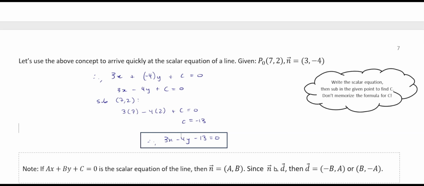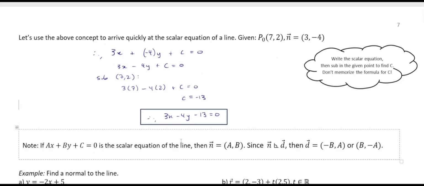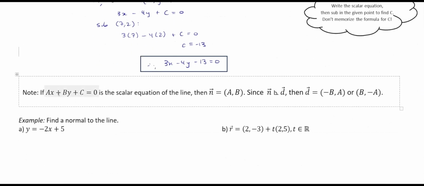Note that in these scalar equations of lines, the coefficient in front of x is, by convention, a positive number. Okay, so if ax plus by plus c is the scalar equation of the line, then (a, b) is its perpendicular vector, or its normal vector.